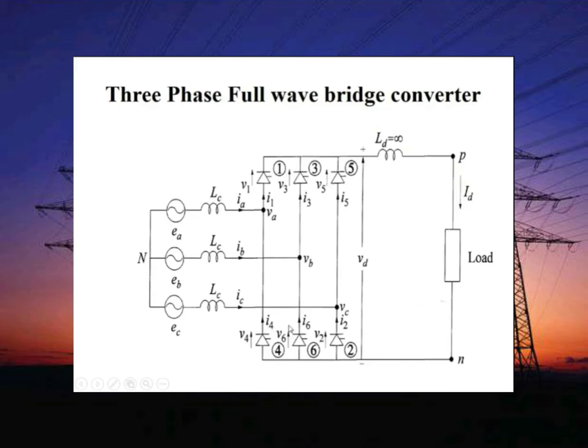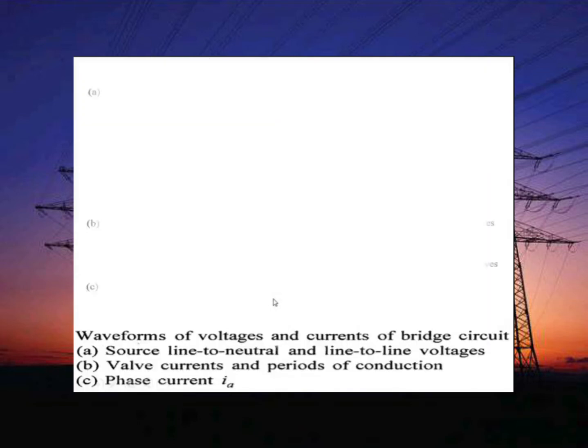The anodes of valves 2, 4, and 6 are connected together. Therefore, valve 2 conducts when the phase C becomes more negative compared to the other two phases. This is shown in this diagram.